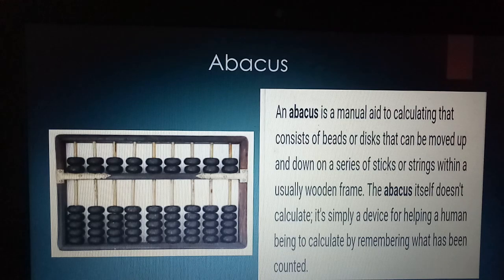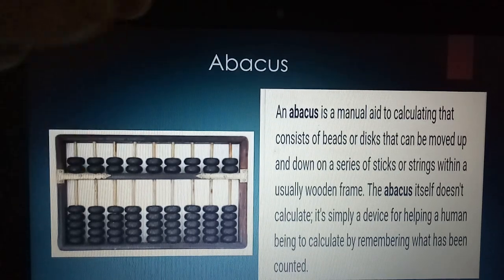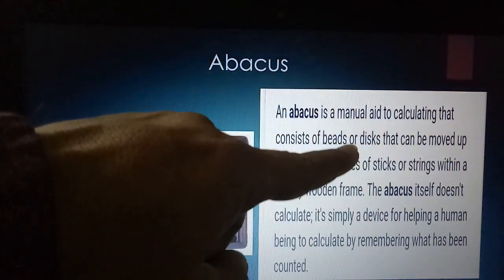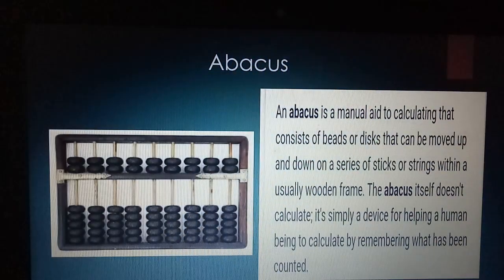It's simply a device for helping a human being to calculate by remembering what has been counted. As mentioned, it's a manual aid, which means we have to do this manually with our fingers, with our hand.